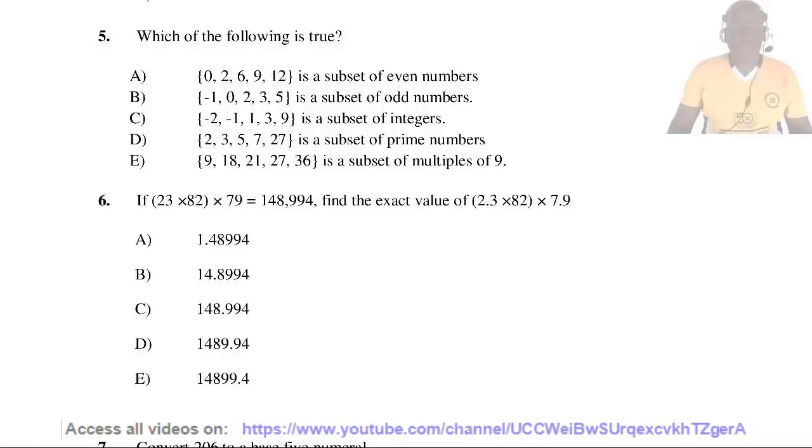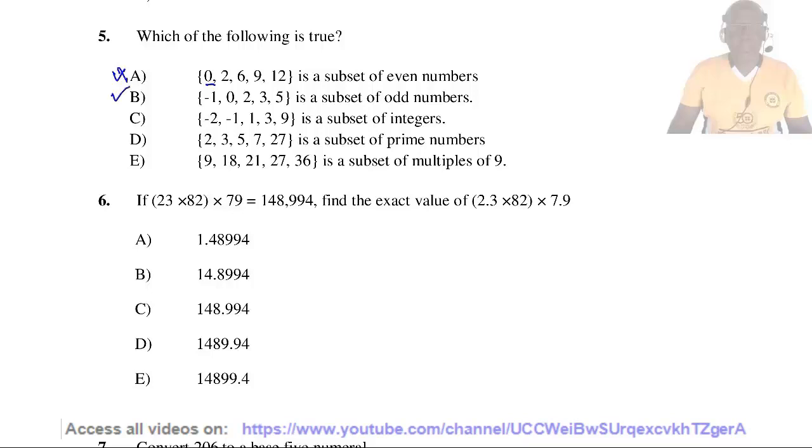Question 5. Which of the following is true? Let us go through all the possible answers. A. 0, 2, 6, 9, 12 is a subset of even numbers. 9 is not an even number, so A is wrong.